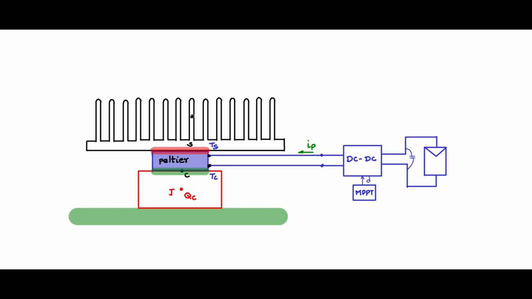Otherwise the sink temperature will rise. Once the sink temperature rises, you will see that the TC temperature, that is the case temperature, will also rise, because your delta T is fixed by the Nomo Graph and the amount of current that you are pumping into the Peltier element, and as a consequence the junction temperature TJ will rise.